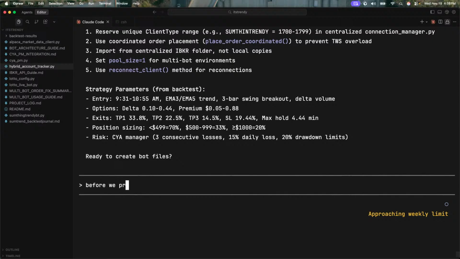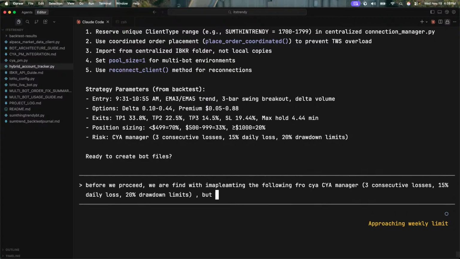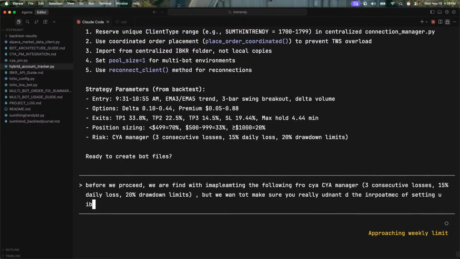Okay. Before we proceed, I'm fine. We are fine with implementing the following from CYA, but we want to make sure you really understand the importance of setting up IBKR correctly for our bot so there is no issue.